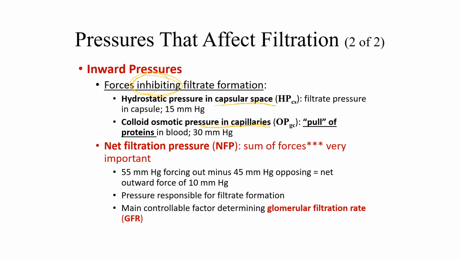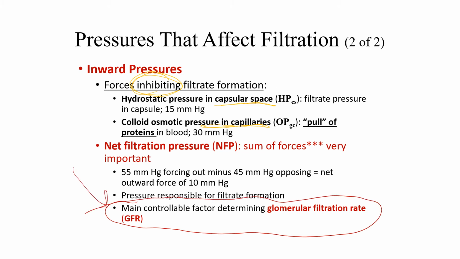But what we see is that the net filtration rate is going to decide how well filtration takes place, so that the main controllable factor determining glomerular filtration rate is the net filtration rate.